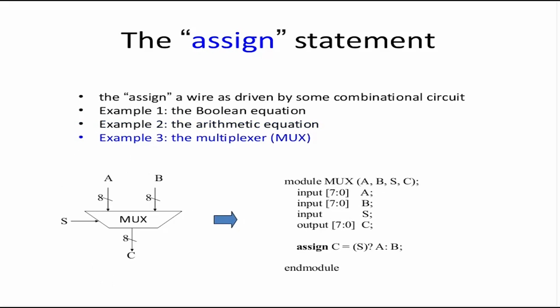We see an example of a mux where, based on the value of S, C gets either A or B. So it is a very simple statement. Assign C is equal to, and this operator again is a C style operator.